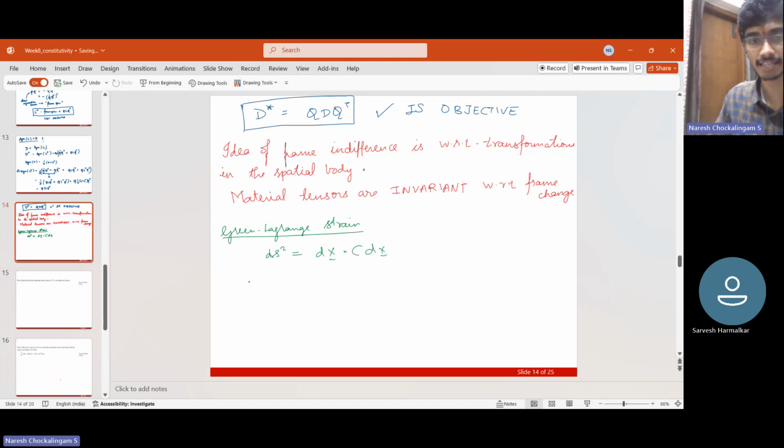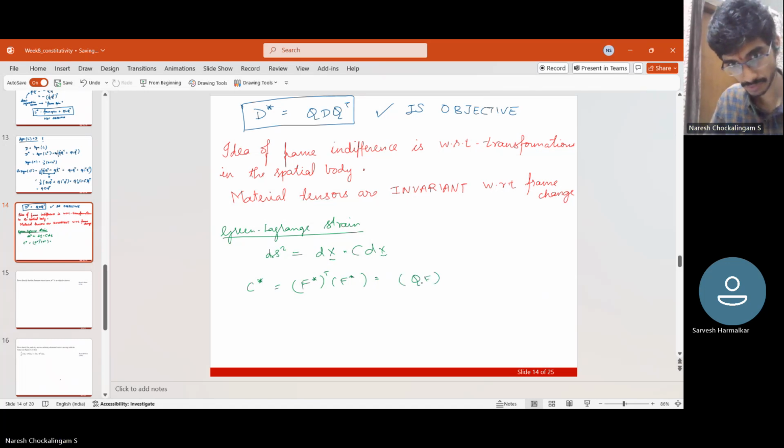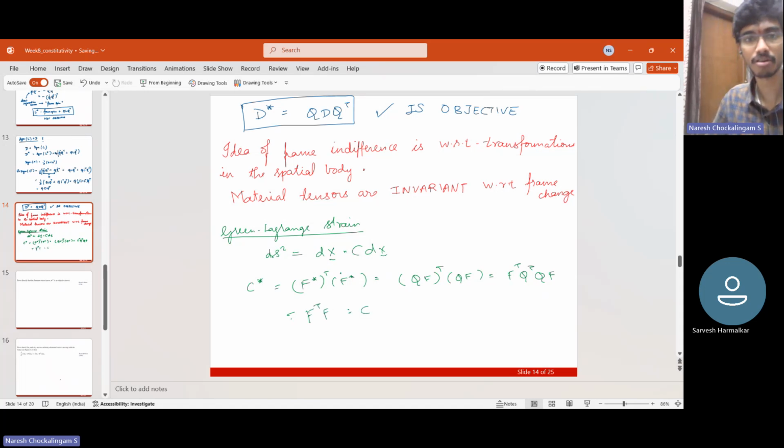And if you look at C star, which is F star transposed F star, what is F star? It is QF. So this is F transpose Q transpose QF, which is nothing but F transpose F, which is C. So purely material tensors are unaffected by a spatial frame change.